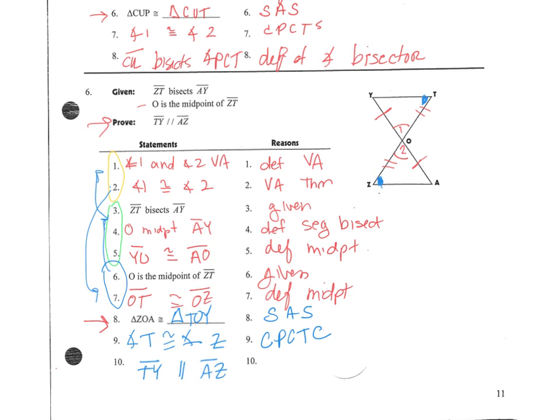The angle T and the angle Z are alternate interior angles, and if alternate interior angles are congruent, that is one way that we can prove that we have parallel lines. Note that up here in step 9, we also could have just said that angle Y is congruent to angle A. That could have been another choice because that would give us those alternate interior angles also.